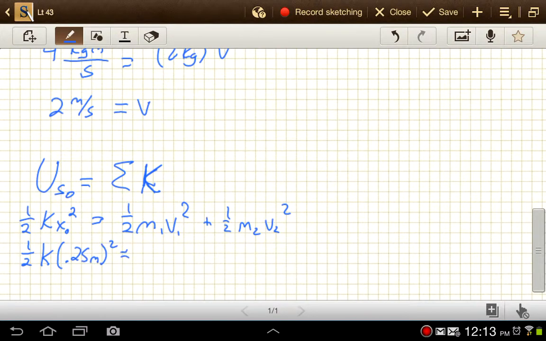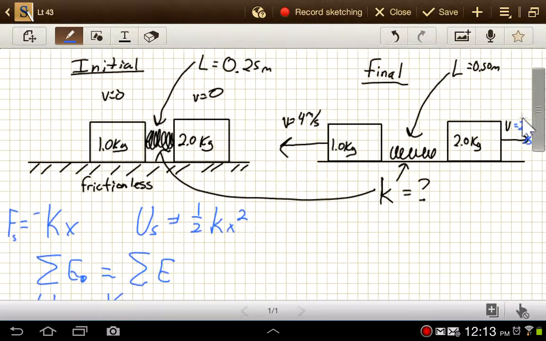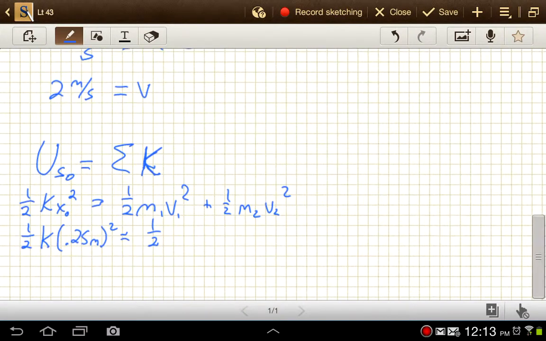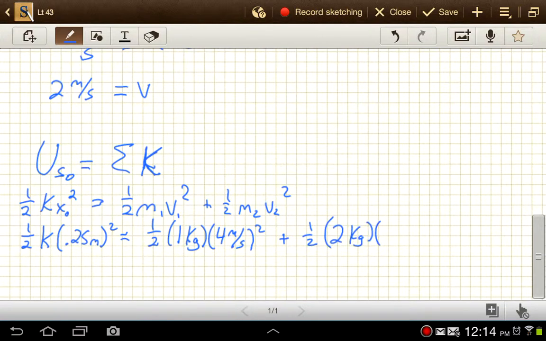That'll be equal to 1/2 times the mass of the first object, which was 1 kilogram, times its velocity, which was 4 meters per second, and that gets squared, plus 1/2 times the mass of the second one, which was 2 kilograms, times its velocity, 2 meters per second, and that gets squared.